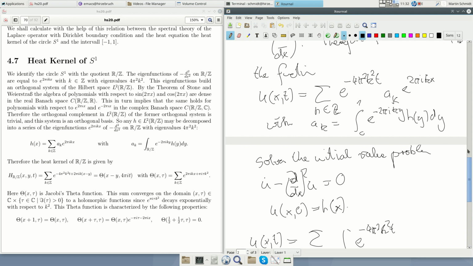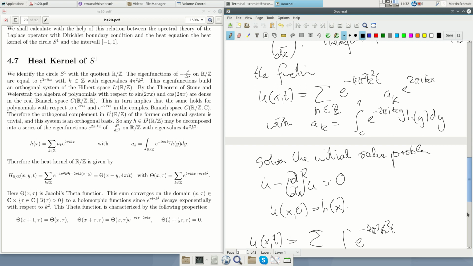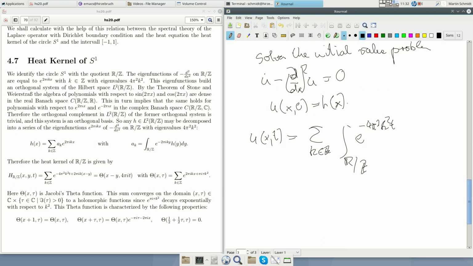Sorry, here is missing a k². The eigenvalue was k². So k² t, then plus 2πi x minus 2πi y times h(y) dy.